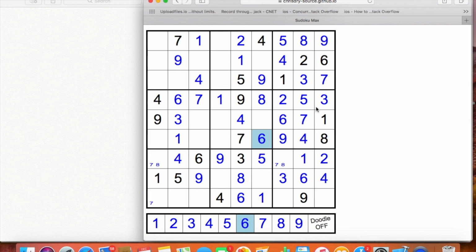Now that gives us the remaining 3, which has to go there, and then obviously the next 3 goes in there, and another 3 goes up there.